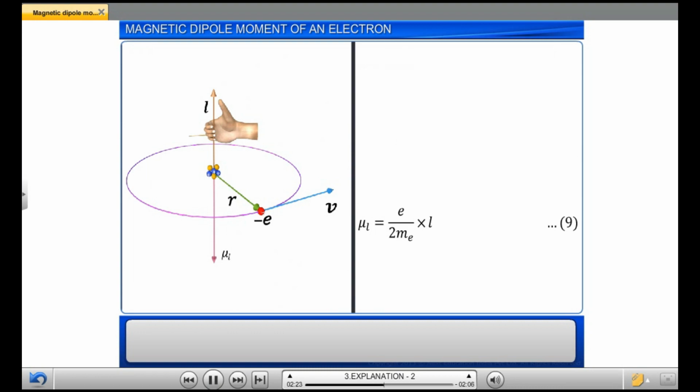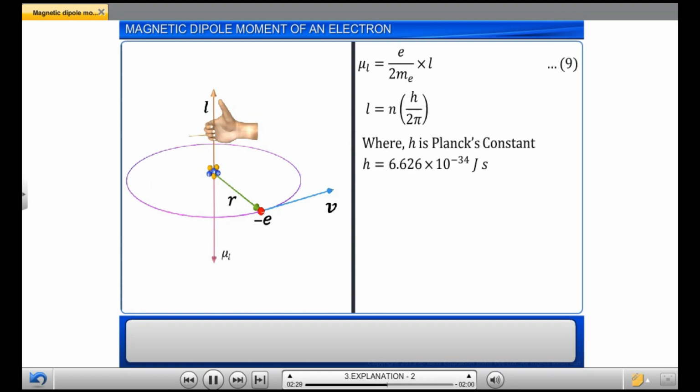Hence, we get the equation L is equal to n into h by 2π, where h is the Planck's constant, whose value is 6.626 into 10 power minus 34 joule second. Let this be equation 10. Here, n can take the values 1, 2, 3, and so on.